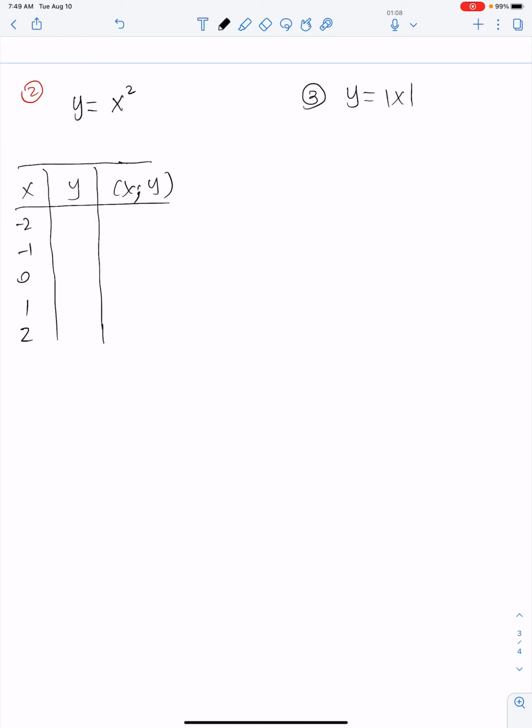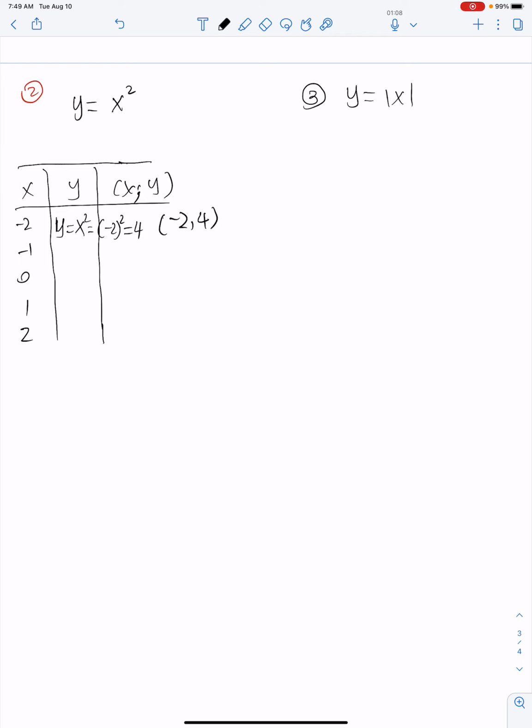So what will be the y value for the first one? Y equal to x squared. What is -2 squared? It will be 4. So what will be the corresponding x, y? -2, 4. Similarly, you do the same thing here.